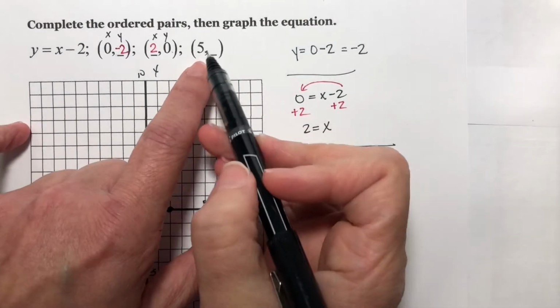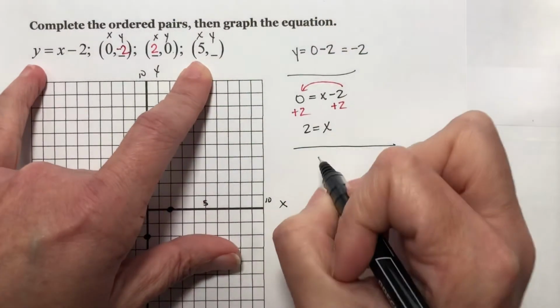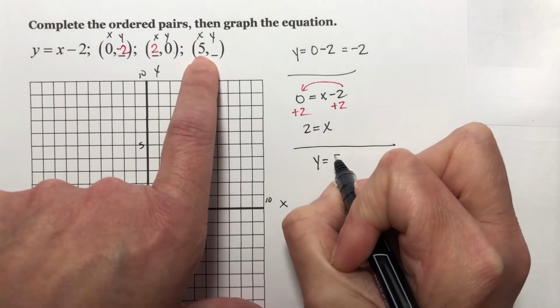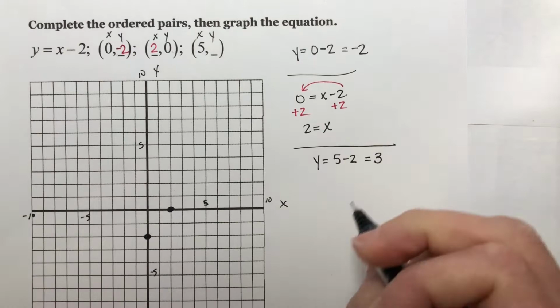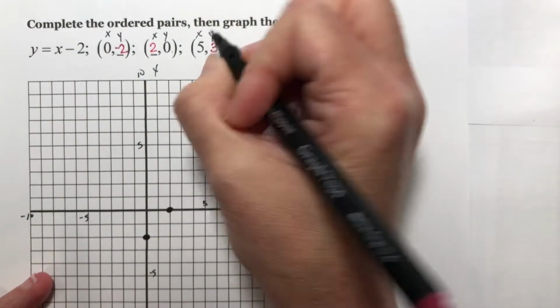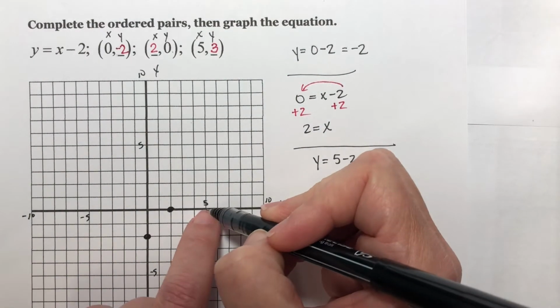Here we're being asked to plug in 5 for x. Okay, so that would be y equals x minus 2, x is 5, minus 2, which would be 3. So that tells me the point 5, 3 is also on my line. So I go to 5 on my x-axis.